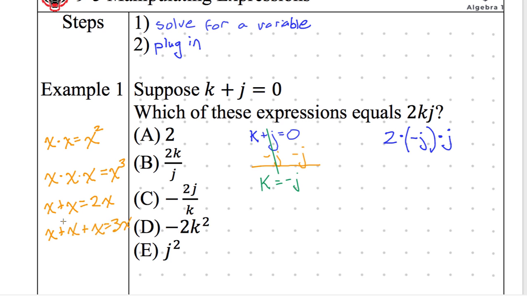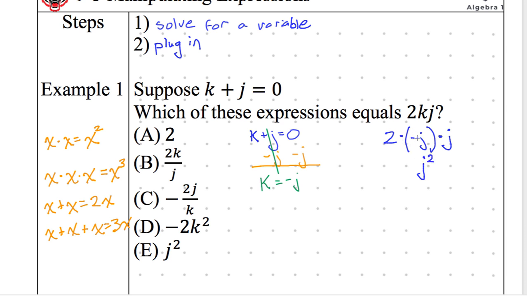So repeated addition, you have a number out front, a coefficient. Repeated multiplication, you have a power. So this is repeated multiplication, so I'm going to have j to the power of 2.